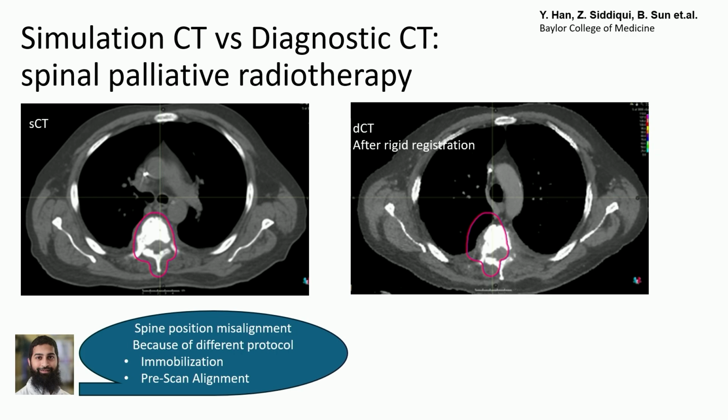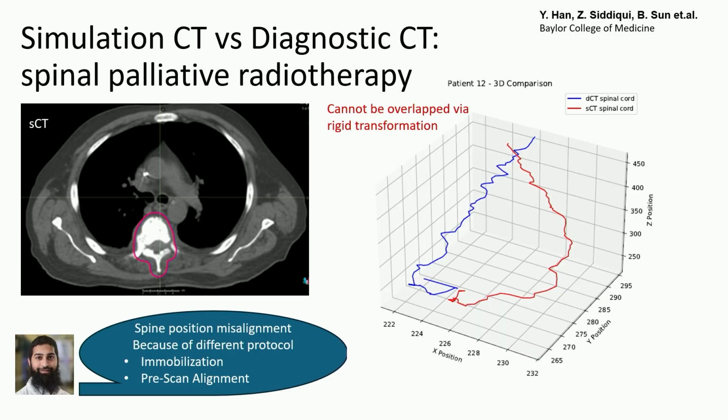For this case, it is the spine. So you can see they have a misalignment, and you may ask, maybe you just did a very lazy or bad rigid registration. So I exported their spinal cord from these two images. The diagnostic CT is the blue, and the simulation CT is the red.